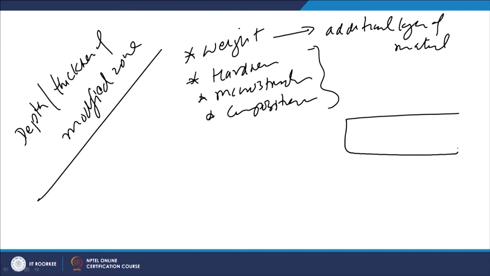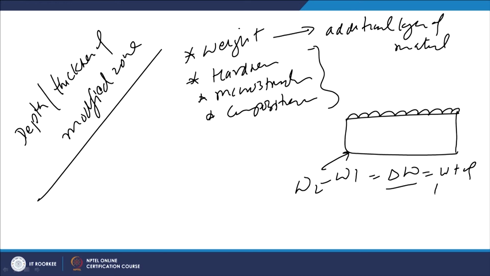Say on the surface of the substrate we apply a layer of material. We have to take the weight of the component before applying the layer, and after applying the layer we also take the weight of the substrate. The difference of these two is attributed to the weight of the material applied in the form of a layer.